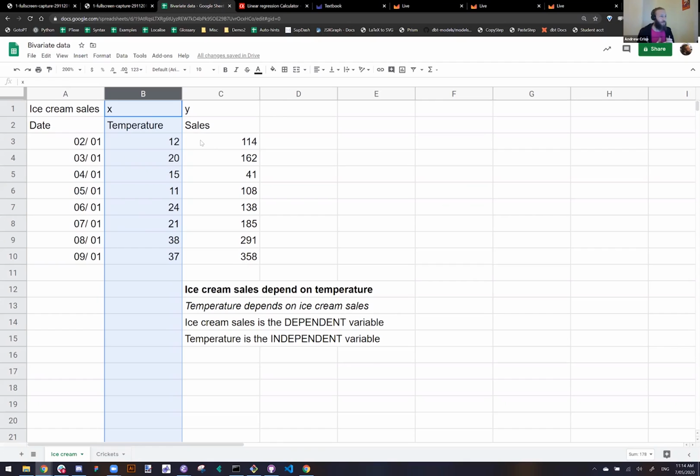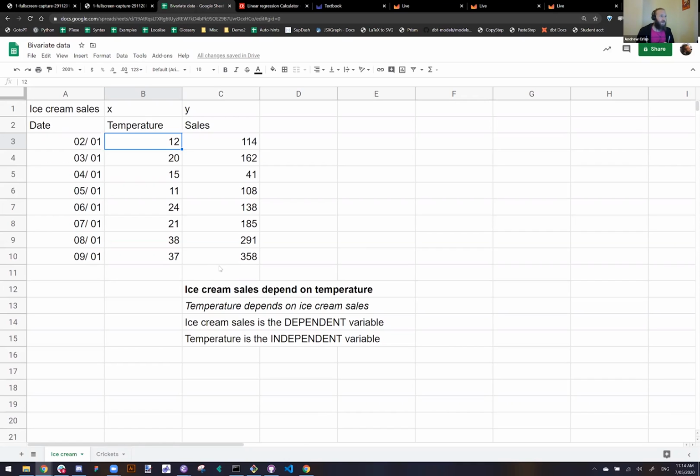So let's do some bivariate data analysis. In order to do this, we're going to have to enter it into some form of technology. You might be using a CAS calculator. You might be using some specialized software.